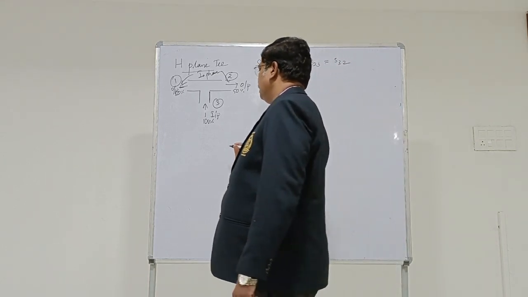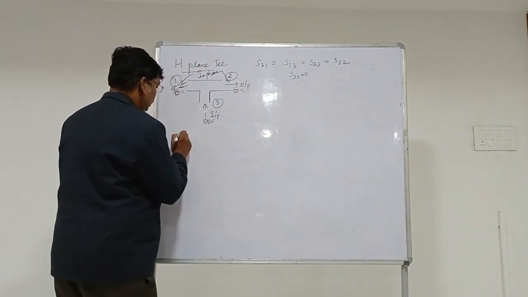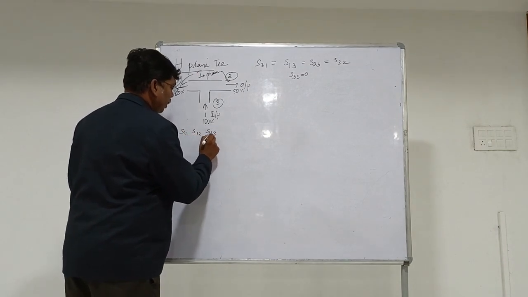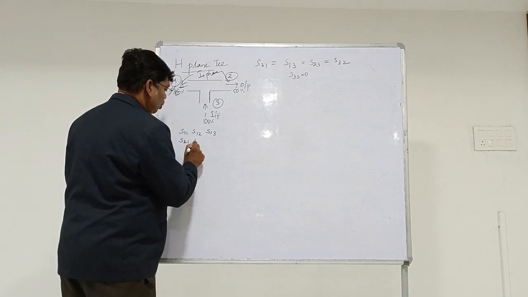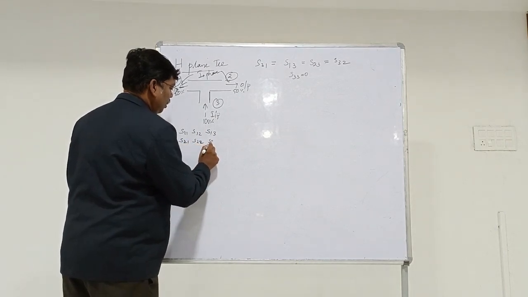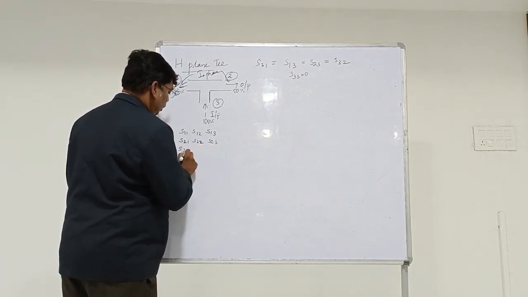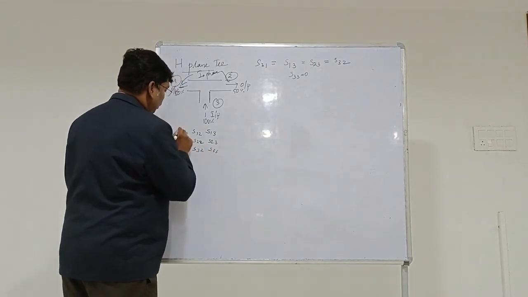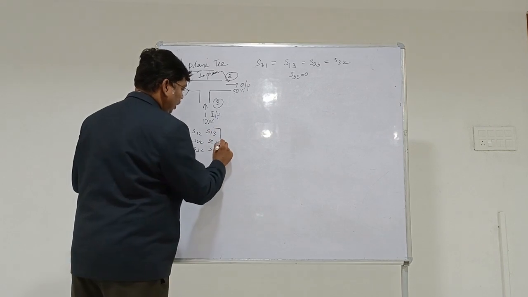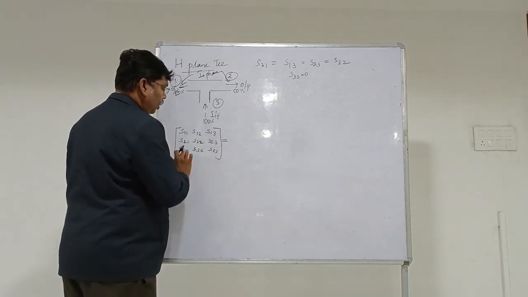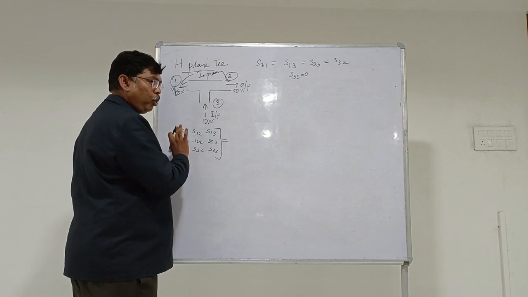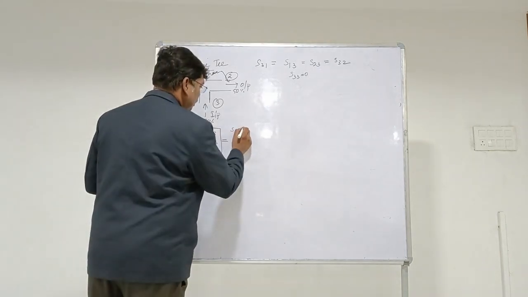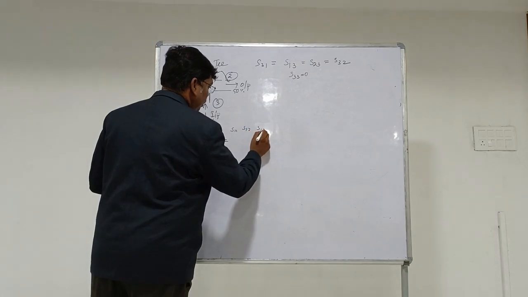Now we take the general 3 by 3 matrix as we did in the previous session: S11, S12, S13, S21, S22, S23, S31, S32, S33. First, we will replace the row 2 and row 3 elements with the help of row 1 elements for solving purposes. Row 1 remains S11, S12, S13.